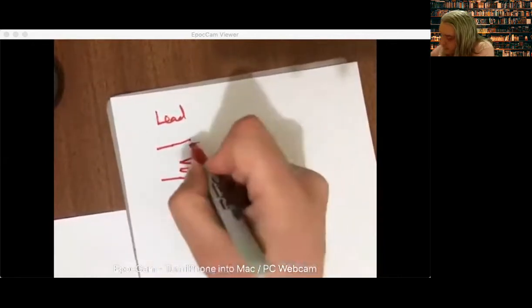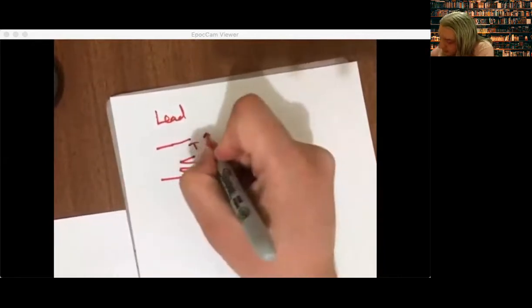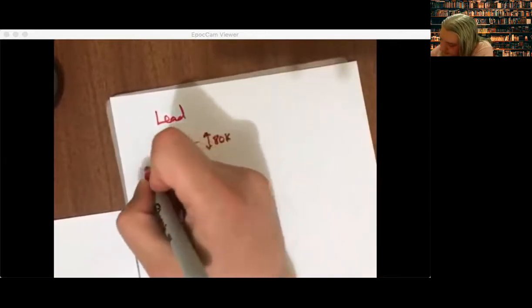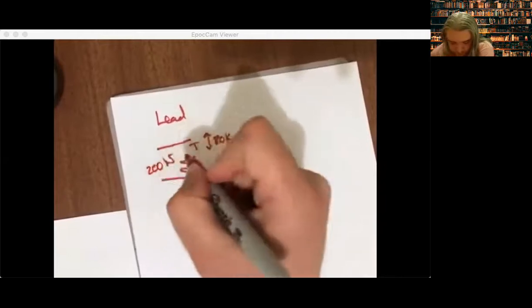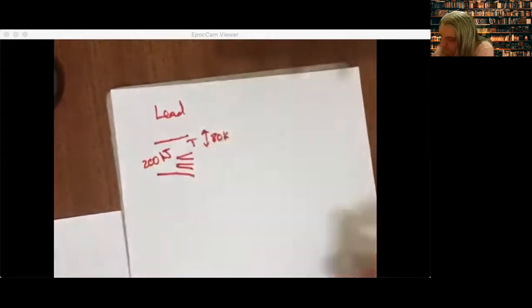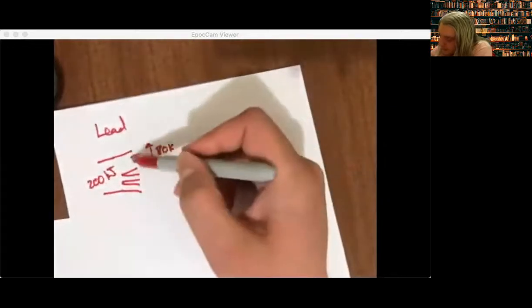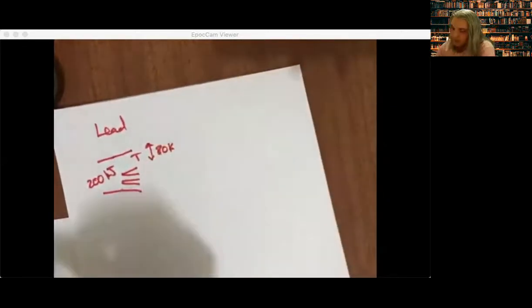So for that to go up by 80 Kelvin, you only needed 200 kilojoules. I'm rounding quite a lot now, that's just the nearest 100, but you get the idea. So 200 kilojoules raised the temperature by 80 Kelvin.